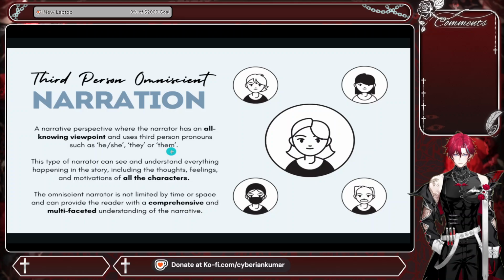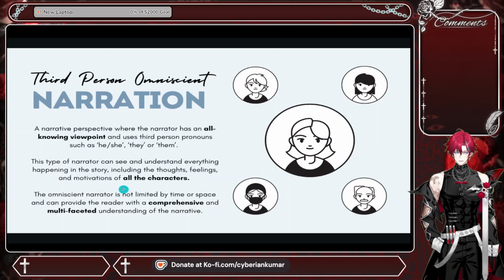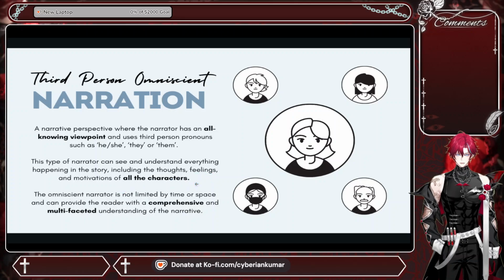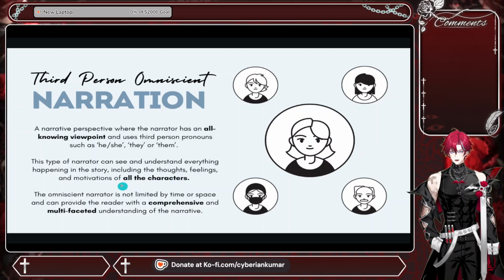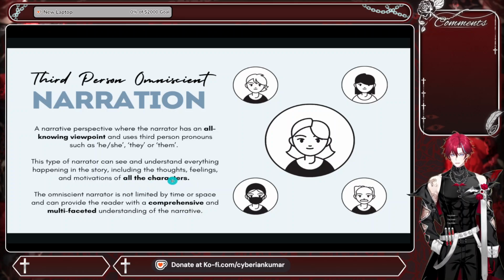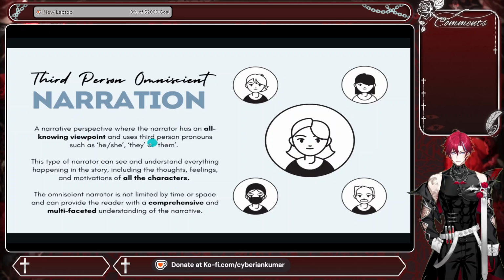Another thing to understand is that this type of narrator can see and understand everything happening in the story, including the thoughts, feelings, and motivations of all the characters. So if you want to show the thoughts, feelings, and motivations of all the characters, then you can use third person omniscient narration.